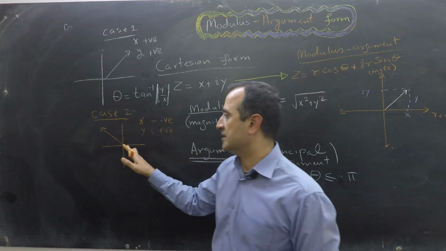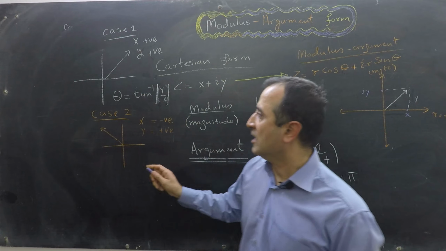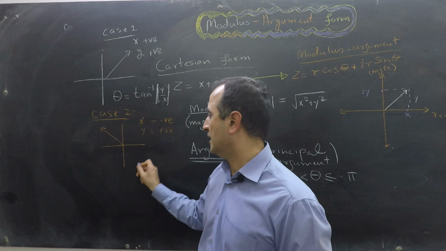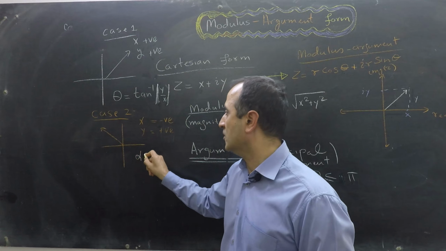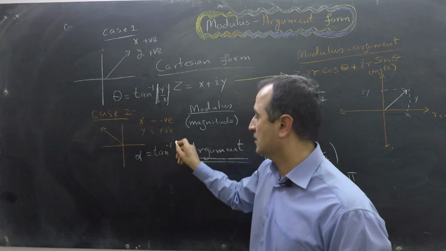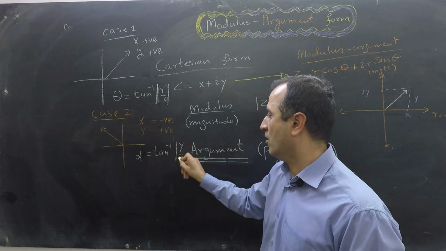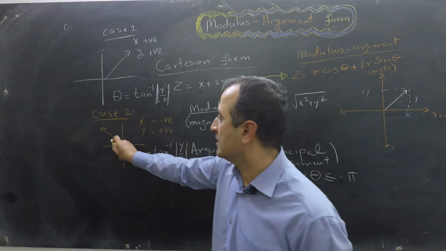So my position vector is in the second quadrant. In this case, if I use this equation, let's say alpha equals tan inverse mod of y over x, then I will get this angle.